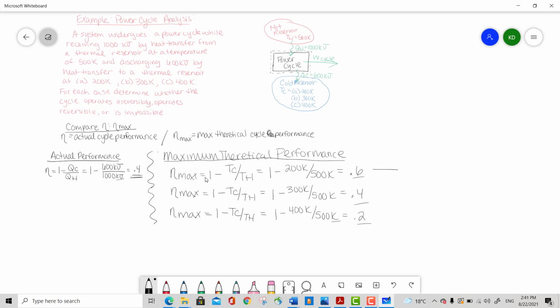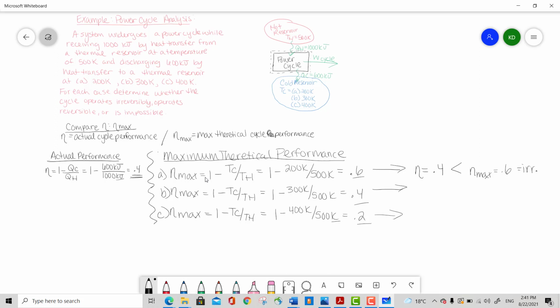So then what we have for each case, because this is case A, case B, and case C, is that 0.4 right here, which is our actual performance. So N equal to 0.4 is less than our N max of 0.6, which equals irreversible.